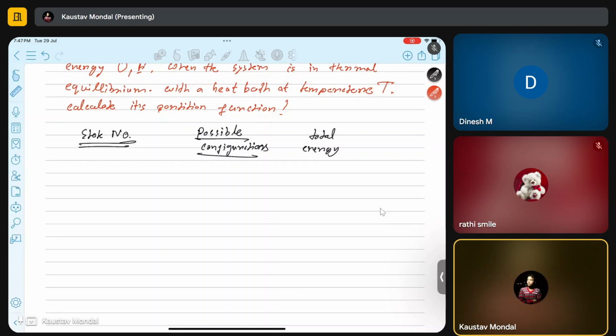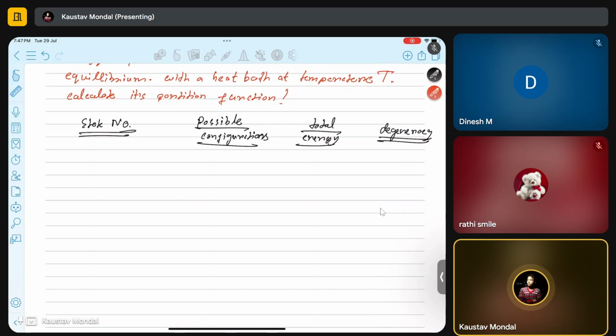In state 1 there are only two energy levels, either 0 or E.